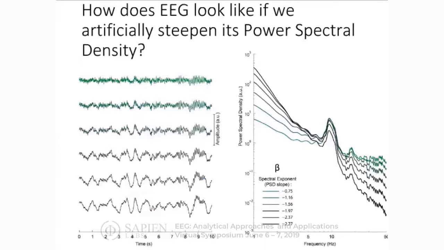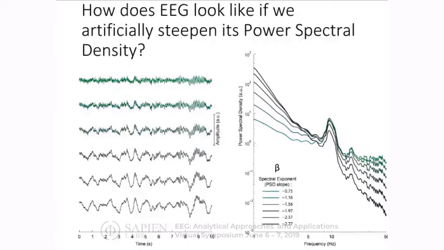Here it's just to show you how an EEG looks if we artificially change the steepness of the power spectrum. In green, we see a typical wakefulness time series with an alpha burst. On the right, in green as well, you see its spectral representation.